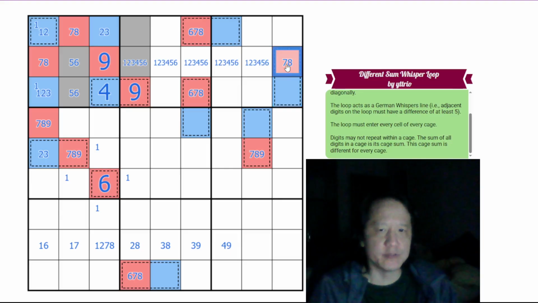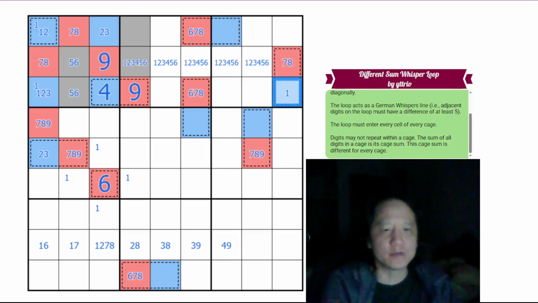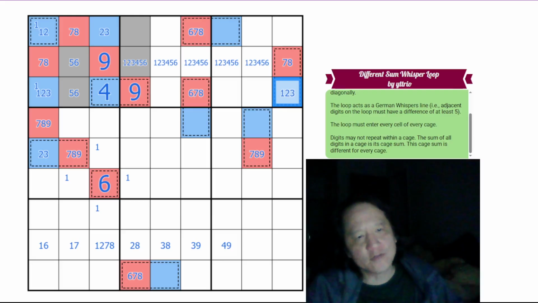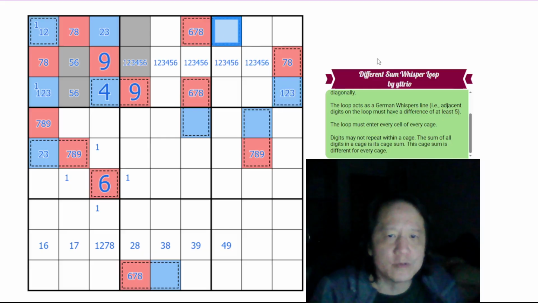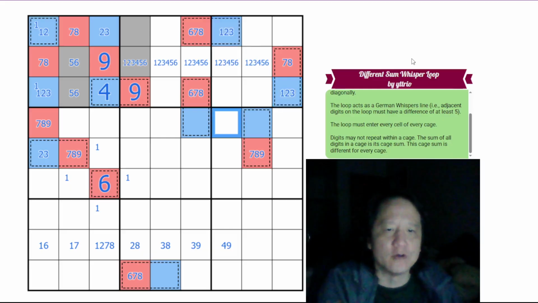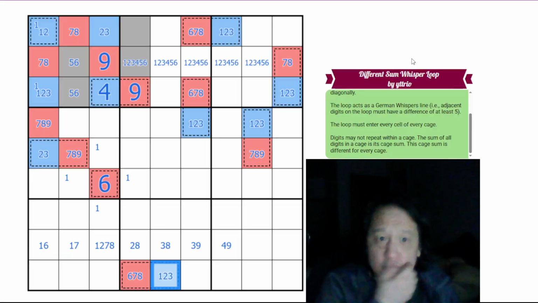This has to do with 7 or 8. It could be 1, 2, or 3 here. That's fine. This is also 1, 2, or 3 here. Next, so all the lows have to be 1, 2, or 3. Okay, that's not that helpful.